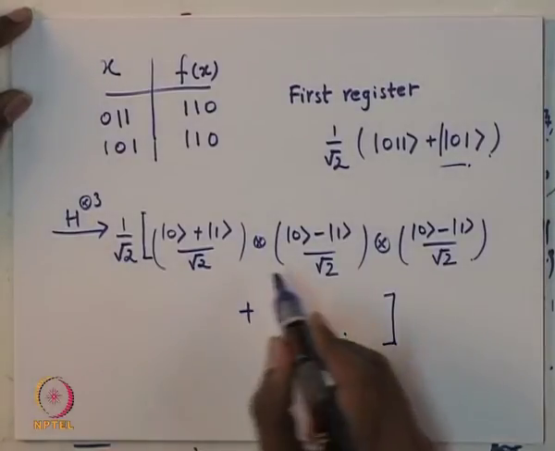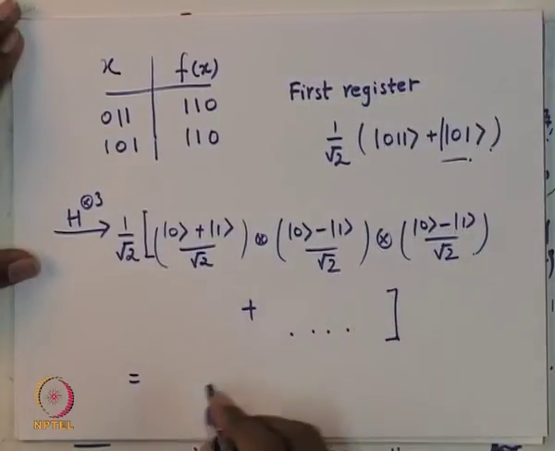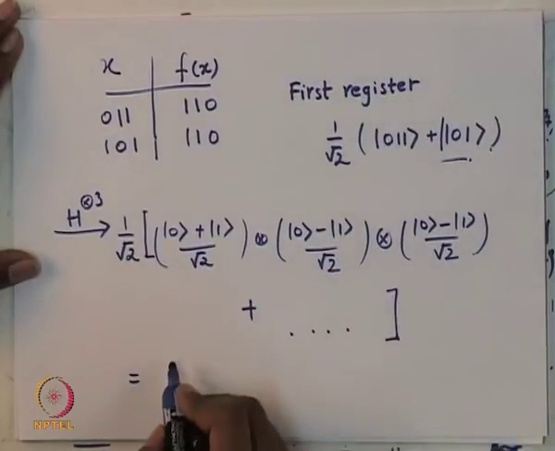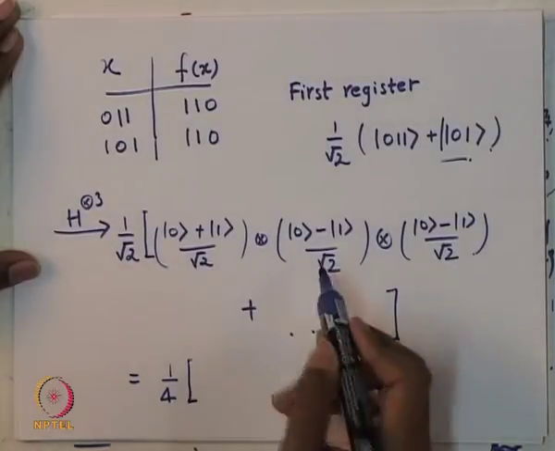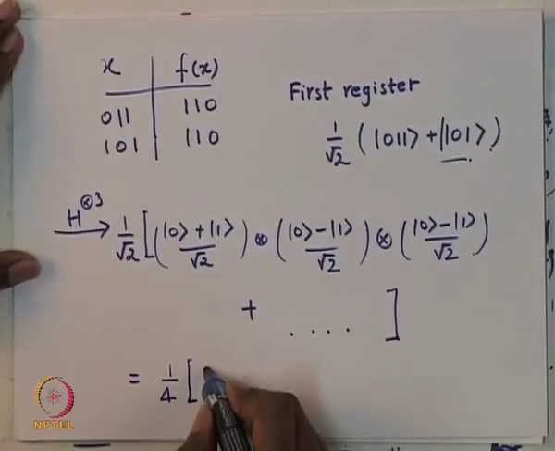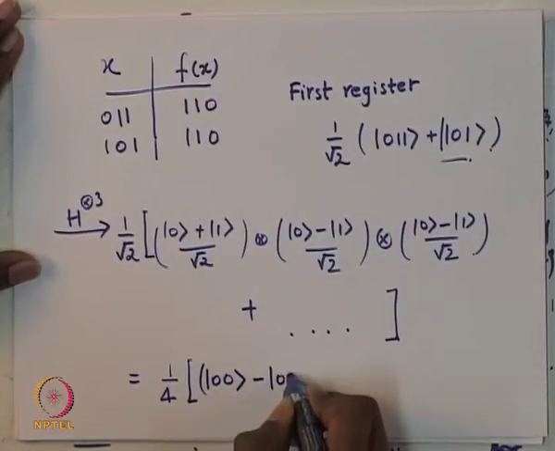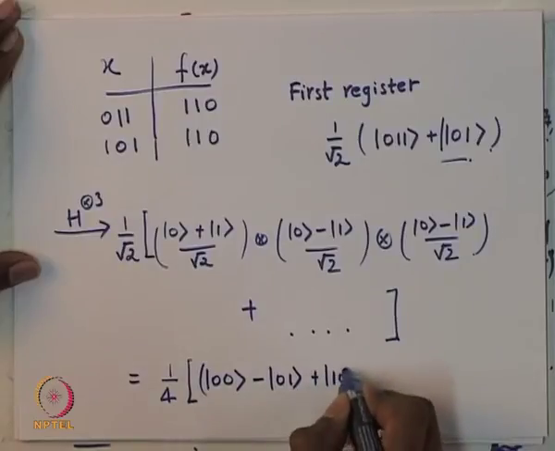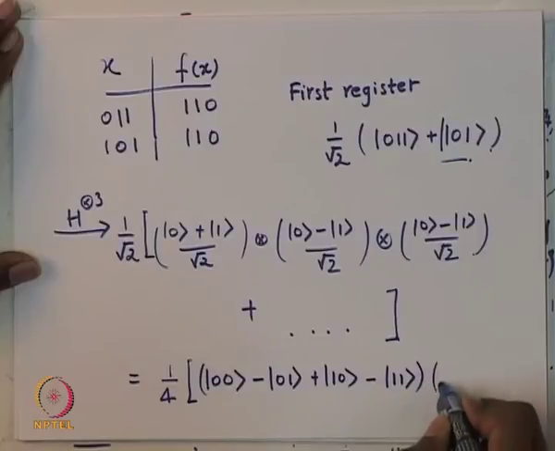The output is, let us calculate this explicitly, 1 by 4 times, multiplying these two would give us 0, 0 minus 0, 1 plus 1, 0 minus 1, 1 times 0 minus 1.